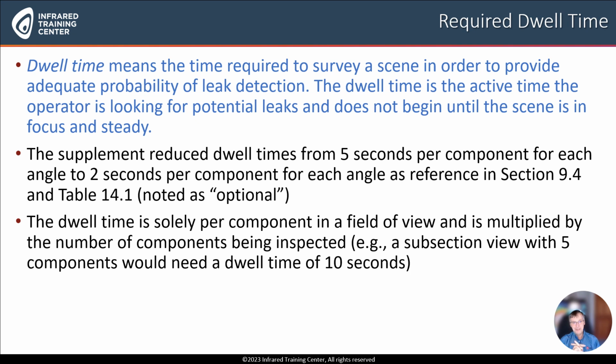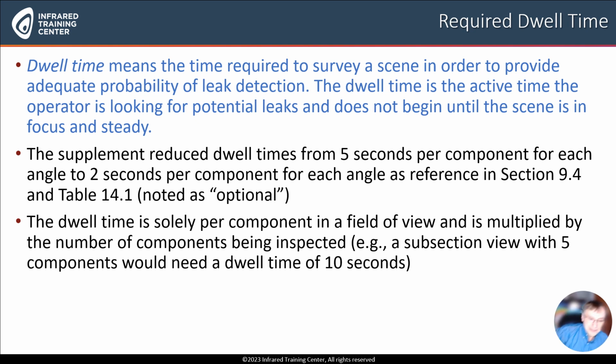Sometimes it's easy to say, yeah, I don't see a leak, and other times it's a good idea to say that I stood there and I stared at this area for a long period of time and I did not see anything. Okay. And so again, an example, a subsection view with 5 components would need a dwell time of 10 seconds per angle. So they're talking about the dwell time and the dwell angle.